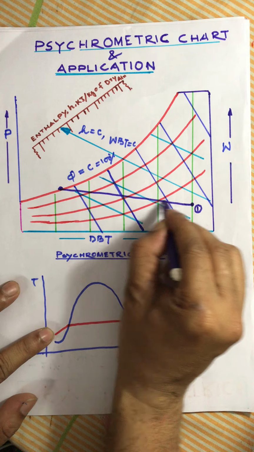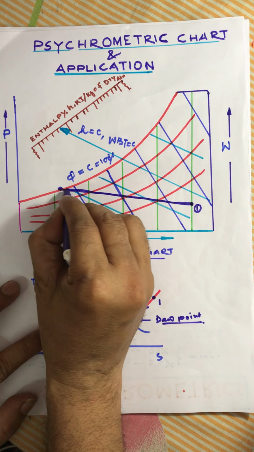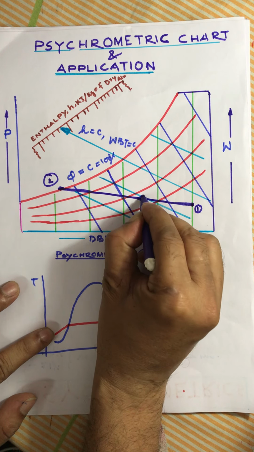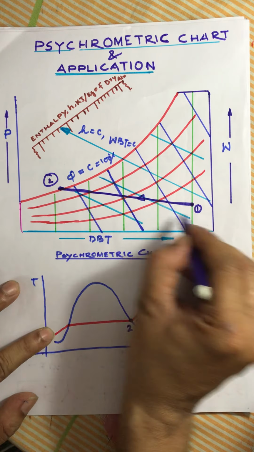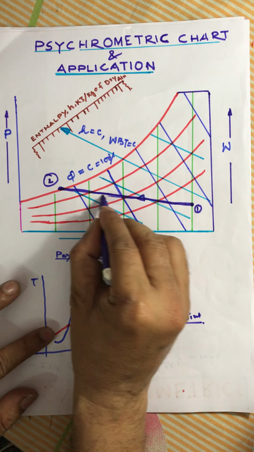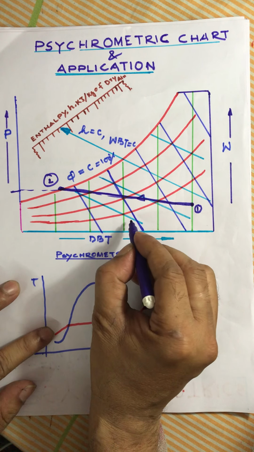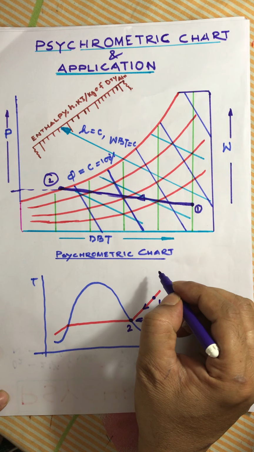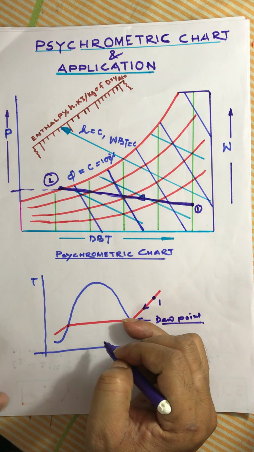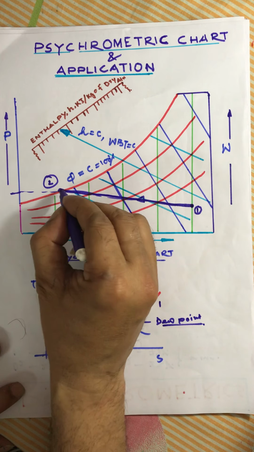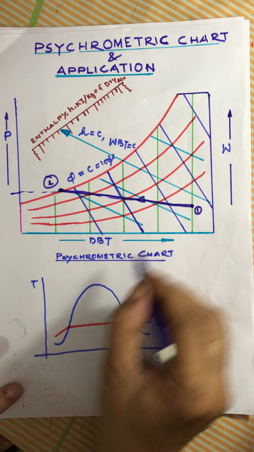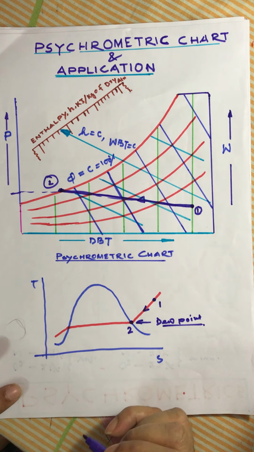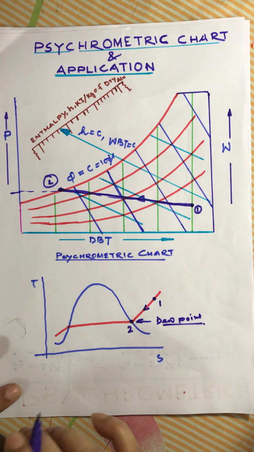So, at constant pressure, this is the point 2. Due to the temperature drop at constant pressure, so P is constant, the mixture becomes saturated by the same amount of water vapor present in the mixture. So, this point is, you can say, the dew point with respect to this point 1 at constant pressure and W for that particular case.